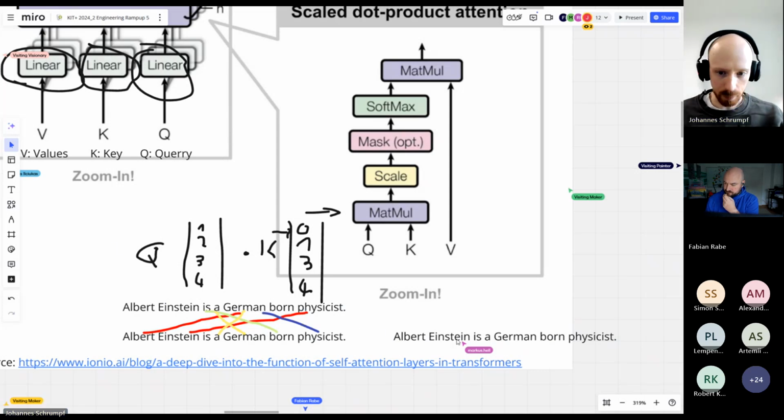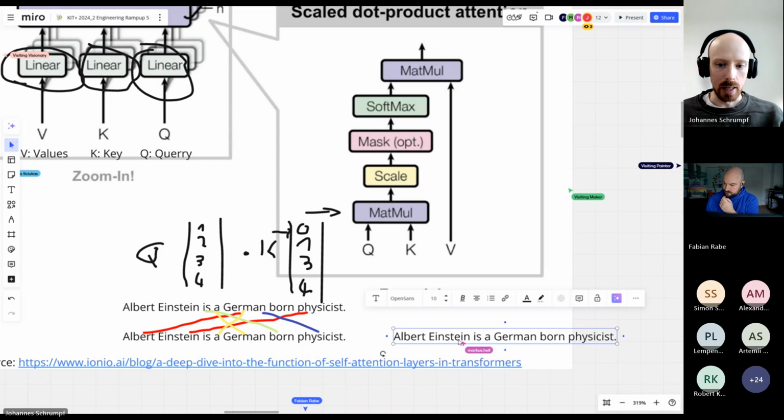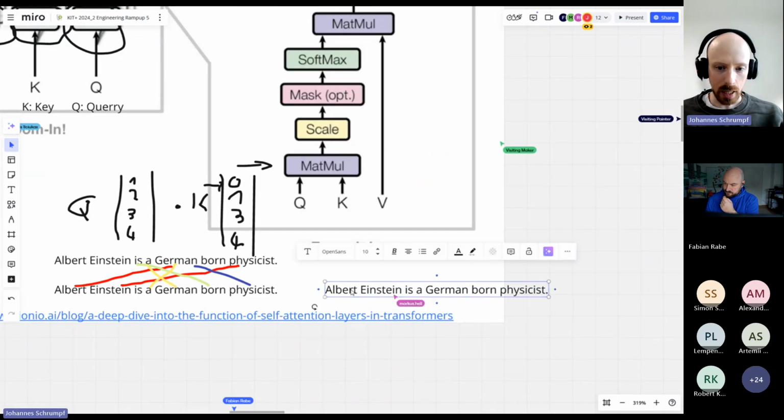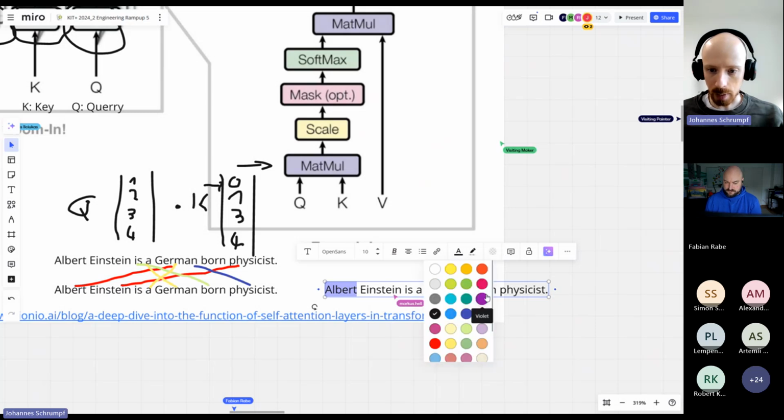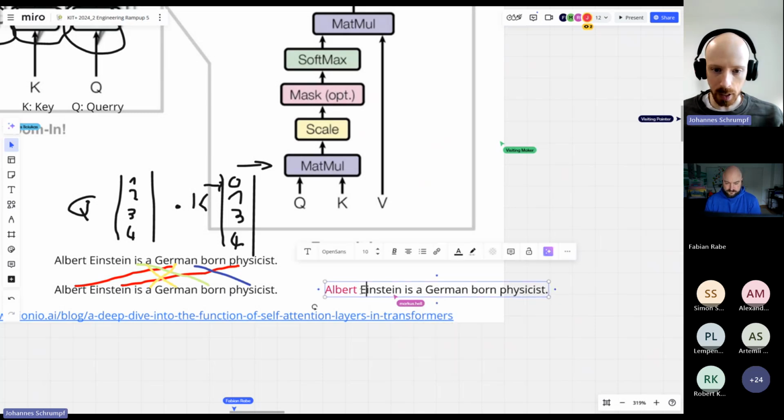So on a conceptual level, we can maybe have something like this, where Albert Einstein is very important, and physicist is also important.